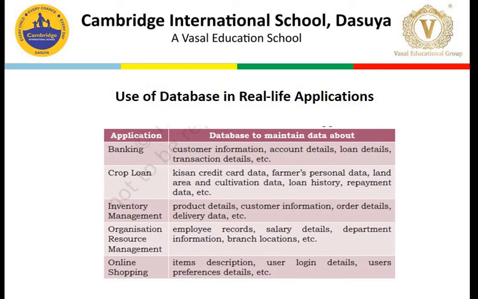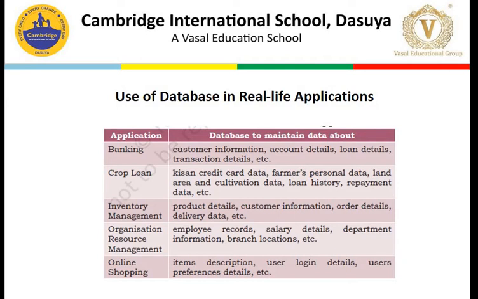Now students, here you can see the different applications of databases in real life, like in banking. In banking, a database is used to maintain the customer information, account details of a person, his loan details, his transaction details, and on which date he performed a transaction. All those details are stored in a database. Another application is crop loan.